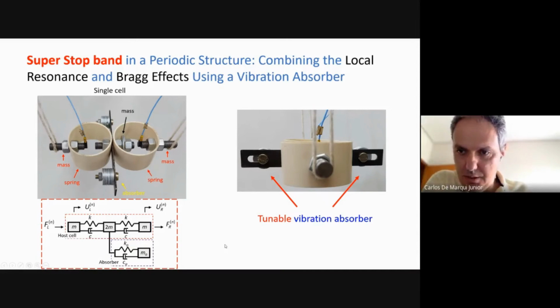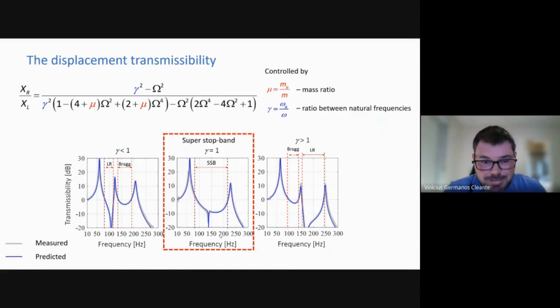Yeah, you can go ahead. The other question is, how robust is the super stop band to small deviations of the gamma parameter? Yeah, this is a problem that we are trying to solve, because it is not very robust. If we change the tuning frequency a little bit, we can see that a peak appears inside the super stop band, and it's a different peak from this one that we have here.